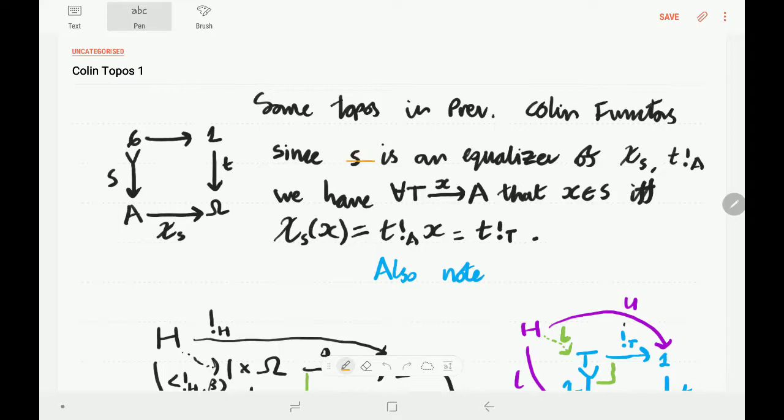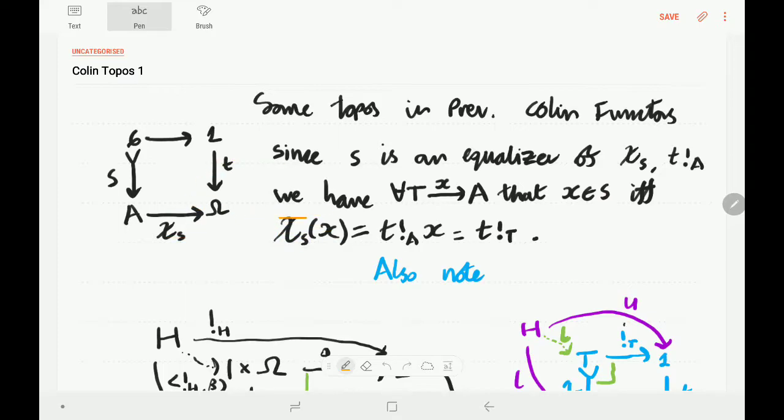Now the important thing about S being an equalizer of chi of S and T after exclamation mark A is that an equivalent way to say that is that for any element X of A, we have that X is in S if and only if X equalizes these two things.